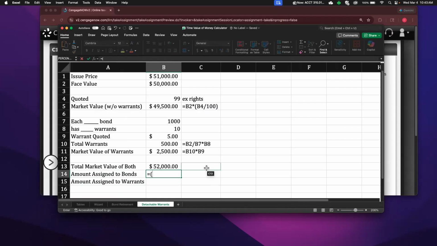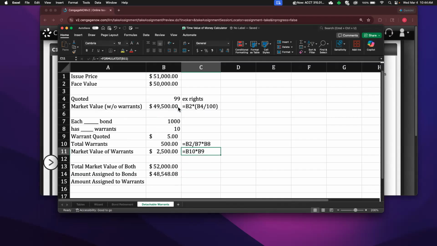We want to take our 49,500 and divide that by the total market value of both, and that's going to give us something like 0.951923. It's going to give us a ratio. But we're going to multiply that ratio by the issue price. So what percentage of the market value is bonds, times our issue price?